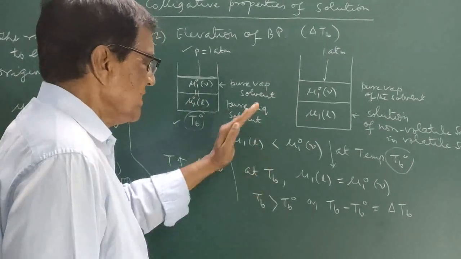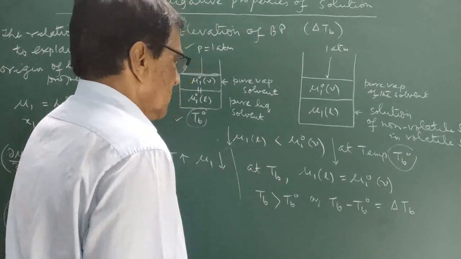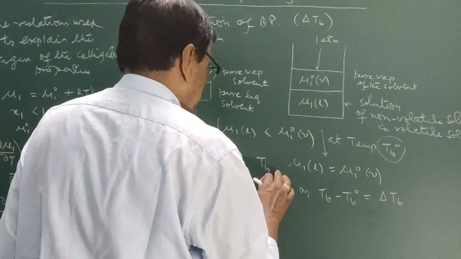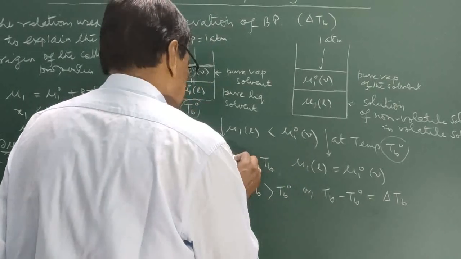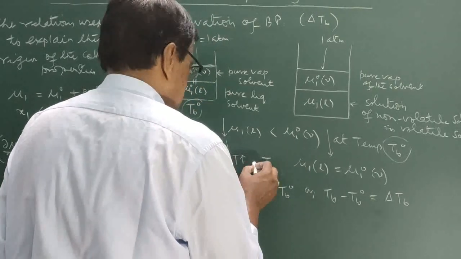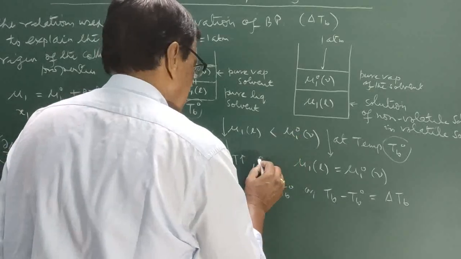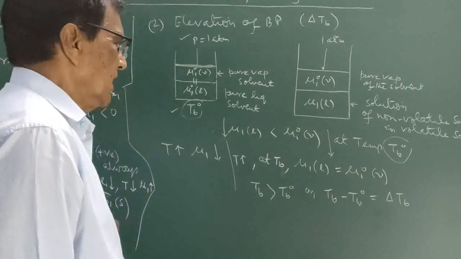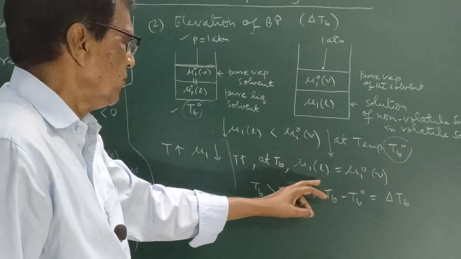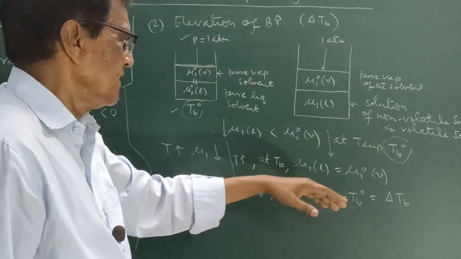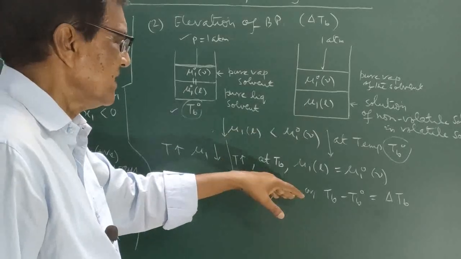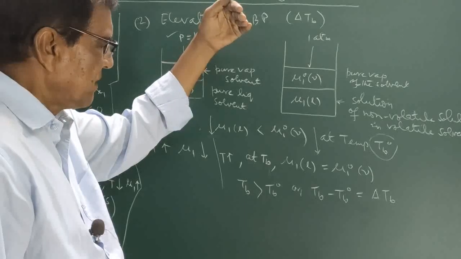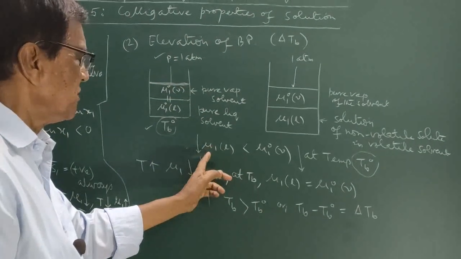The temperature has to be increased, then at the higher temperature TB, these two become equal again. As the temperature is increased, the chemical potential decreases, and the chemical potential of the vapor decreases much more than that of the liquid.